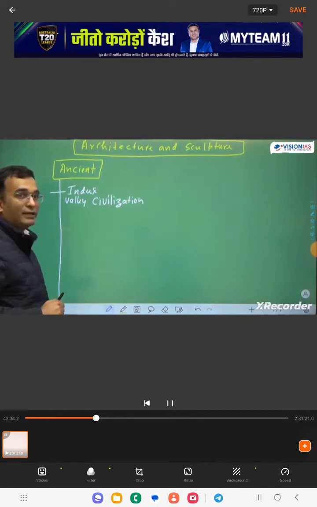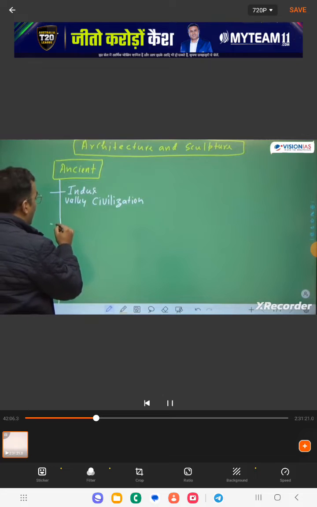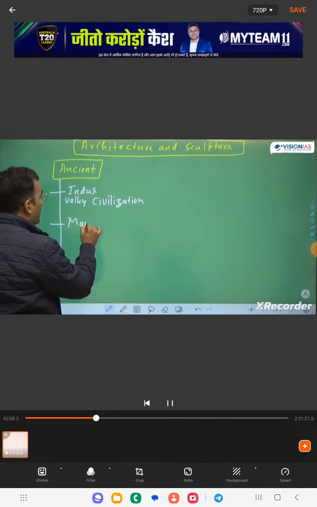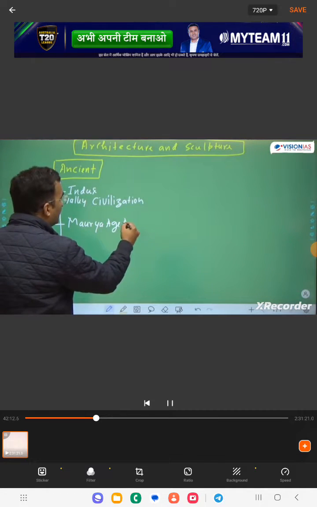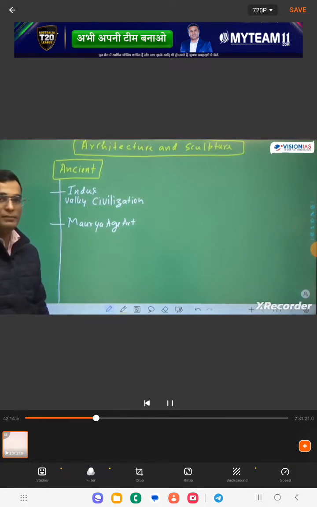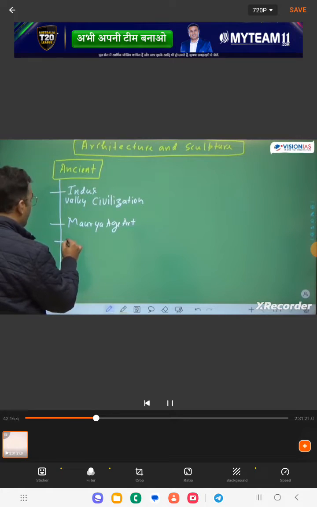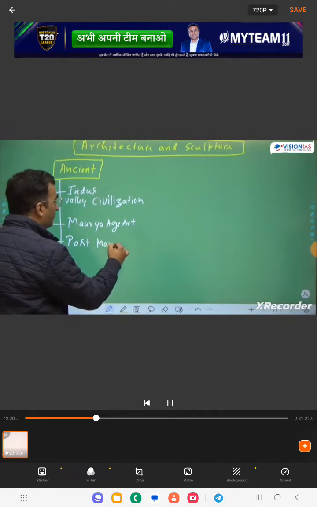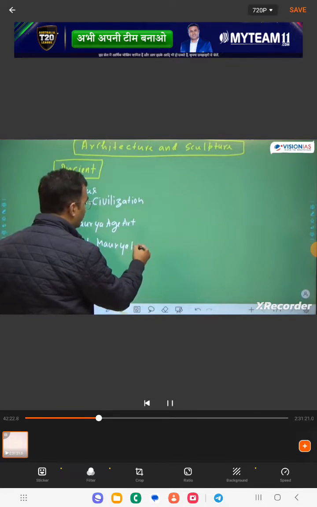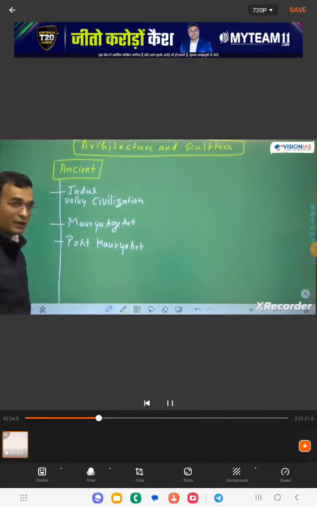So for the Indus Valley civilization, we will see the entire architecture associated with it. Then after the Indus Valley civilization, we will look at Maurya age art, the Maurya period. Then after the Maurya period, we will look at post-Maurya art.